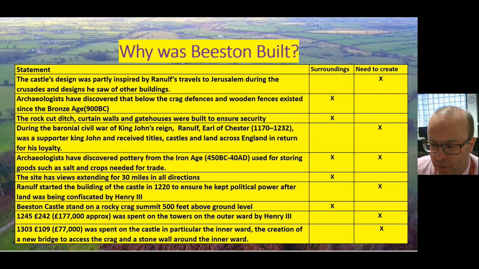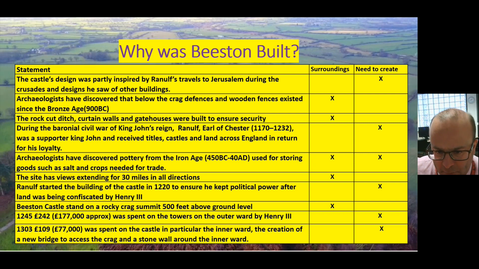But, like I've just alluded to, it wasn't just built because it was built there, it was built because someone needed it. Ranulph, who initially built it, died before the castle was completed, but he wanted the castle to be completed. It was eventually completed by Henry and Edward, who spent finally money on it to complete the castle in 1303, because they wanted a castle in Chester, another base for the royal family.